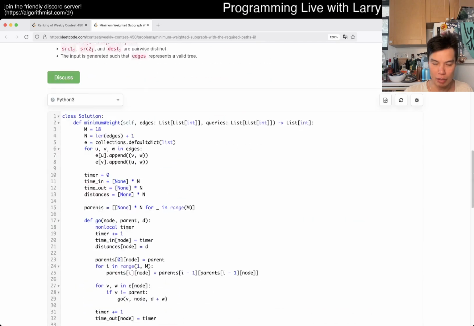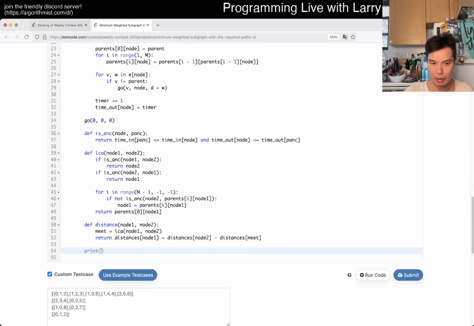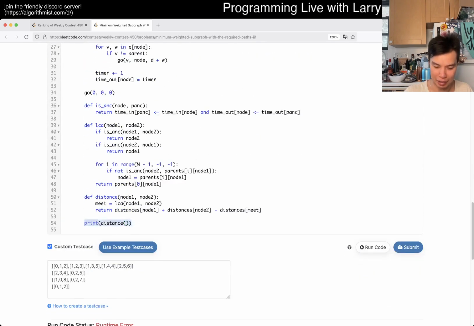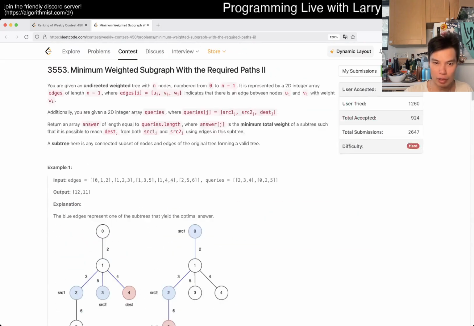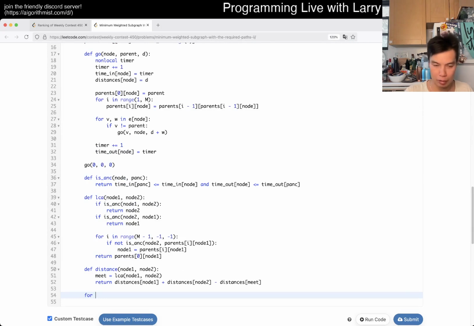So then now we can get distances from, oh, we have to enter the queries. I forgot that we have queries, it's not just one. Okay, how is the query structured? For S1, S2, D destination in queries.